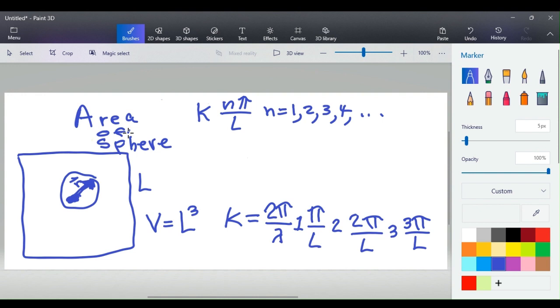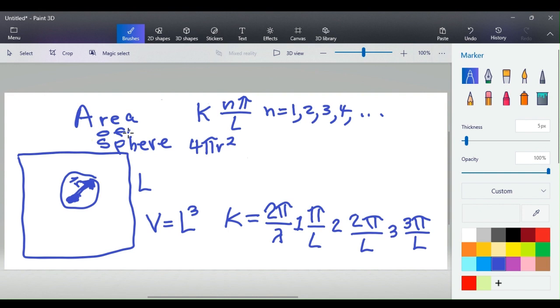Does anybody know? What's the area of a circle? Area of a circle is pi r squared. Area of a sphere is 4 pi r squared.